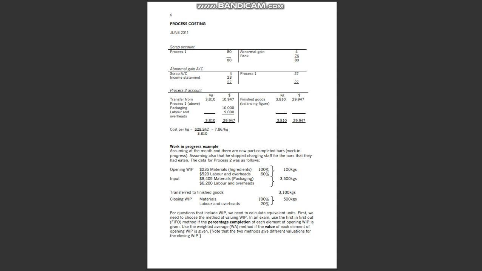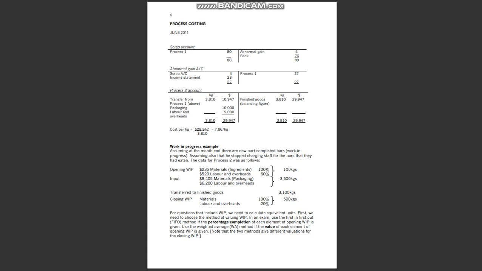We use the weighted average method if the value of each element of opening work in process is given. Also note that the two methods give different valuations for the closing work in process, because FIFO stands for first in, first out.